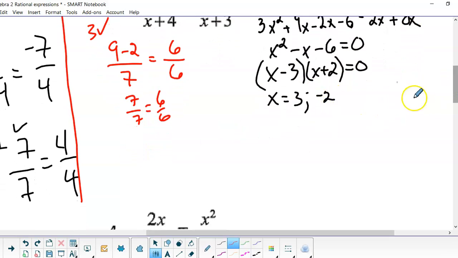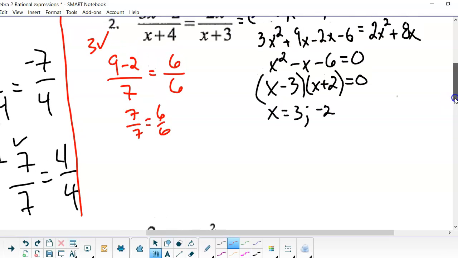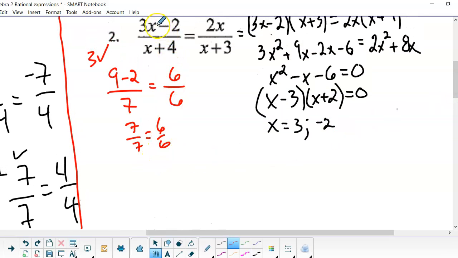Okay, let's throw in negative 2 now. Negative 2 times 3 is negative 6 minus 2. Down in the denominator, negative 2 plus 4 leaves us with 2. Negative 2 times negative 2 gives me negative 4 on the right-hand side. And negative 2 plus 3 is just 1.